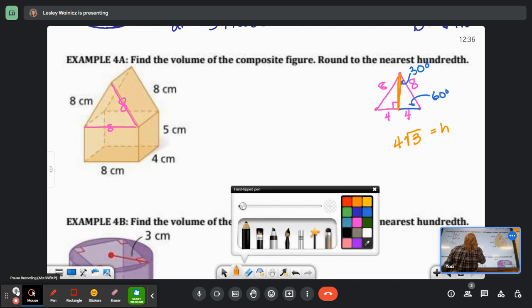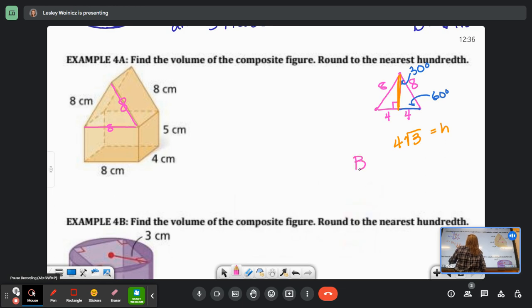Okay. So the area base is 1/2 times the base of the triangle, which was 8, times the height of the triangle, which was 4 root 3.